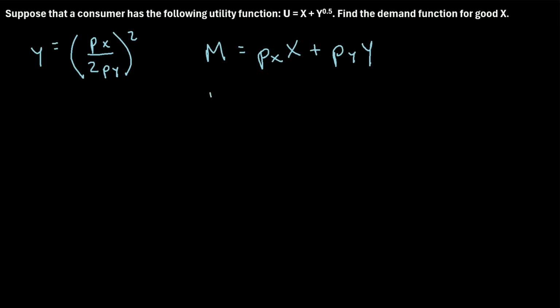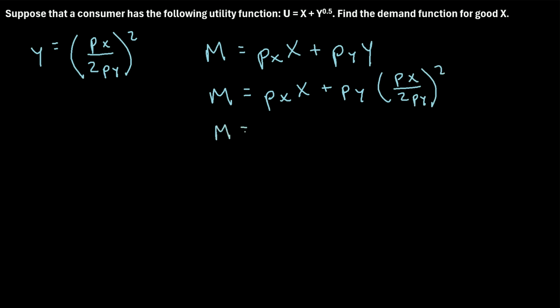So here's what we get. M is equal to the price of x times x plus the price of y times the price of x divided by 2 times the price of y, all squared. If we simplify a little bit, we get M is equal to the price of x times x, plus the price of y times the expression squared. We first square the numerator, so we'll have the price of x squared.